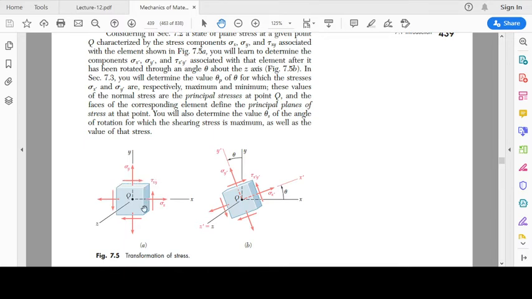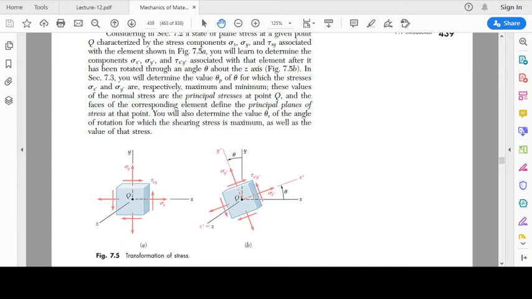So now we just consider a portion of this beam which is making an angle theta with, say, the vertical axis. We are slicing the cube like this, and this angle is going to be theta. So instead of showing this three-dimensional figure, we are just looking at the two-dimensional figure.